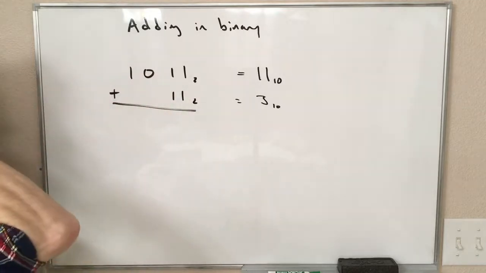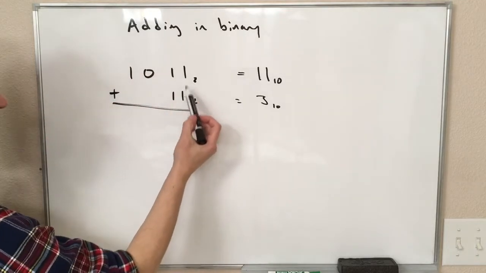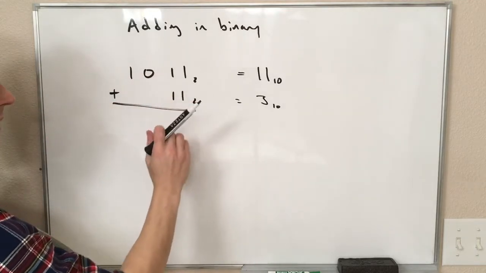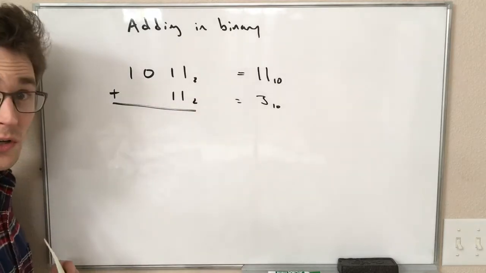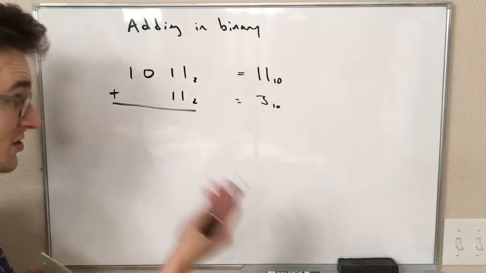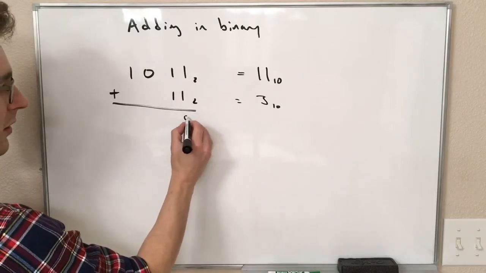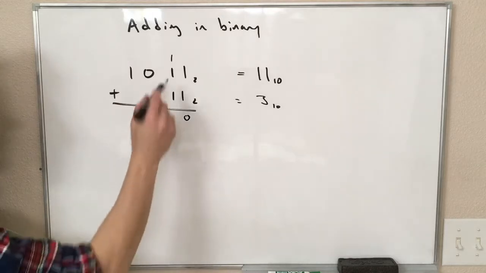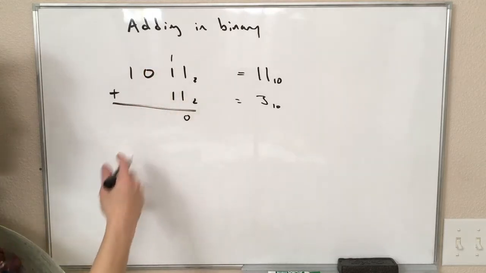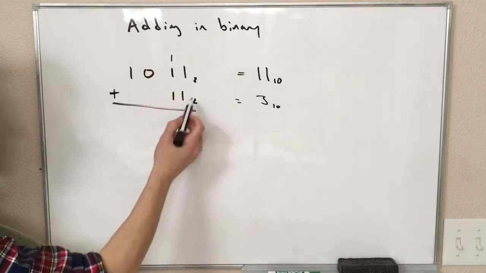So if we add these together, in the 1's place, we have two 1's. And adding those together gives us, 1 plus 1 is 2, but in binary that's 1, 0. So we have a 0 here and we need to carry the 1 up to the next place. So now we have 1 plus 1 plus 1, which is 3, which is written as 1, 1.